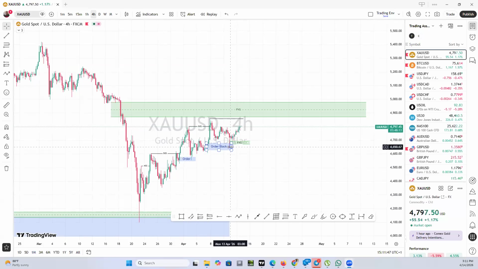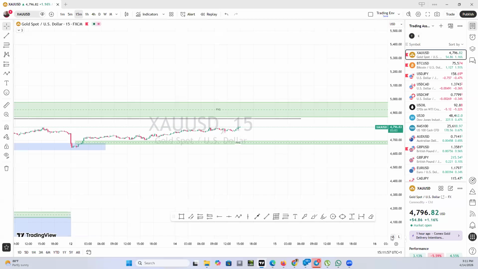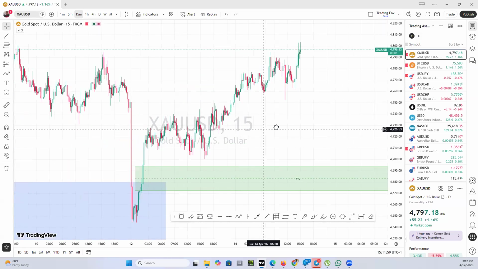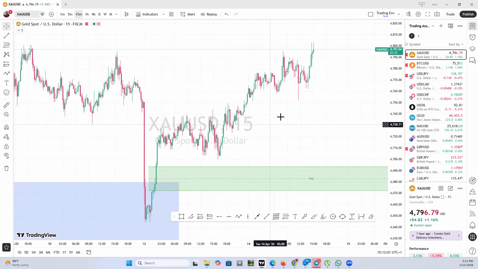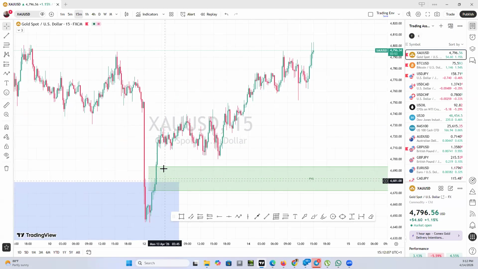So as you can see, this is our order block from a 4 hour time frame. Now we are going to drop to 15 minutes for entry. Under 15 minutes, the problem we have is that because of this candle, we are unable to get a clear change of character that we can use to trade.